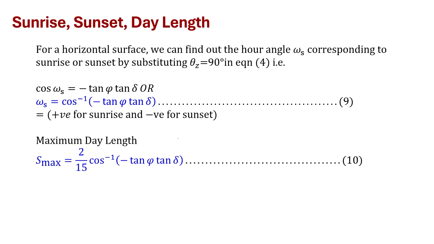Since 15 degrees is covered per hour, it is 2 divided by 15 cos inverse of minus tan phi tan delta.